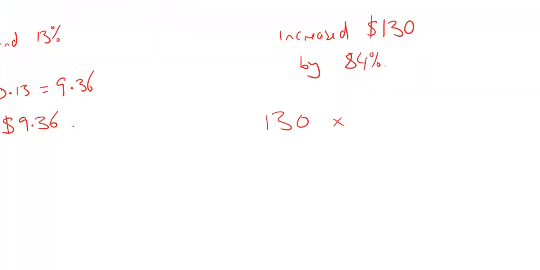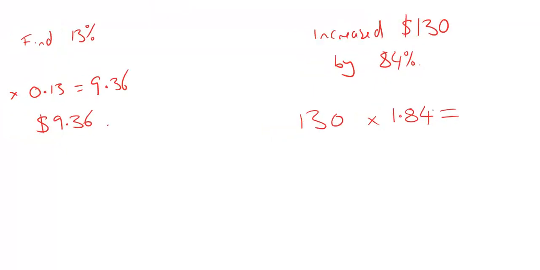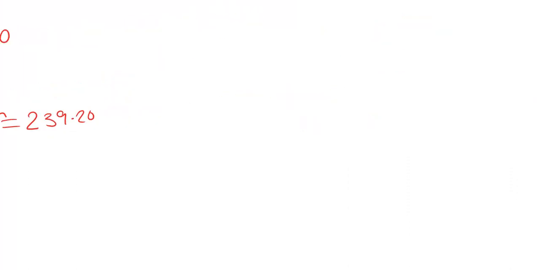So that's equivalent to finding 184% of that original, which is a multiplier of 1.84. It's going up. That multiplier's got to be bigger than 1. So there's my sum, and if I work that out, 130 times 1.84, I'm going to get $239.20.